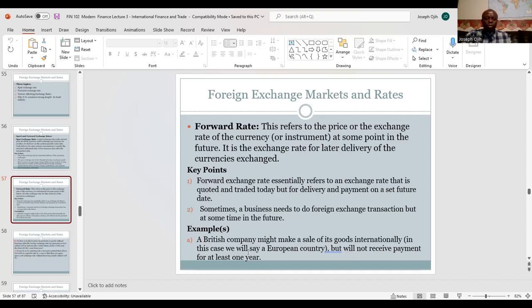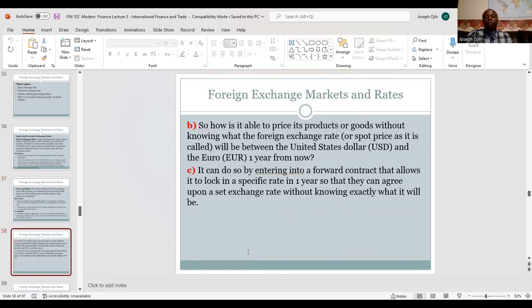Sometimes a business needs to do a foreign exchange transaction at some point in the future. I'll give an example with a British company. The British company might make a sale of its goods internationally, in this case maybe with another European country, but will not receive payment for at least 1 year.